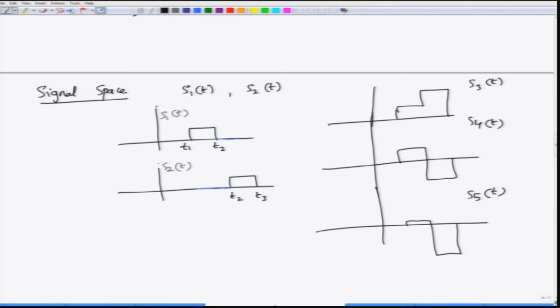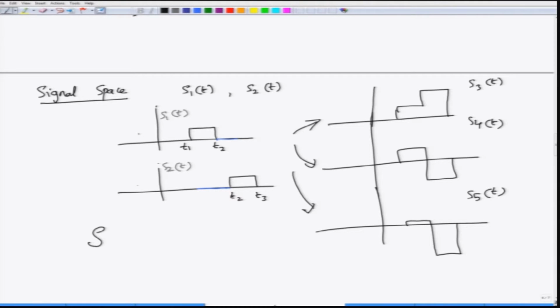But in all these vectors, and there could of course be an infinite number of such vectors, if I call all of these possible combinations a span S, this span or the subspace which is now spanned by S1 of t and S2 of t will be acting as though they are unit vectors or the basis vectors. They are not yet unit vectors, they are the basis vectors for us.